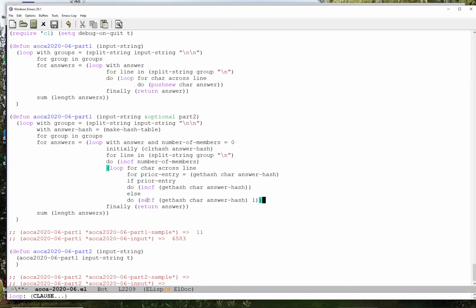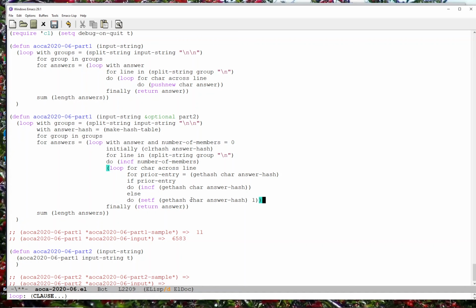And the macro expansion of setf is built in to know about all of the places and getters that come with Lisp, but you can also extend it. So if you make your own structures, you can say def setf, and you can say here's how to transform a read reference into a write reference for this particular data structure that you created yourself.